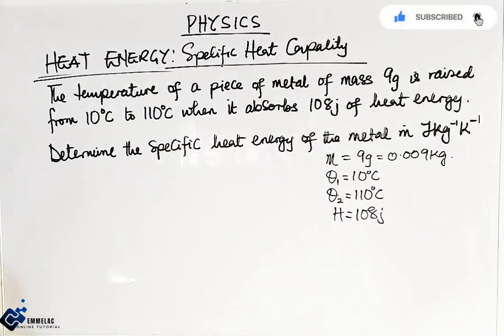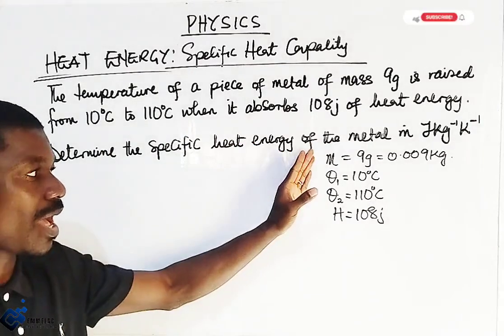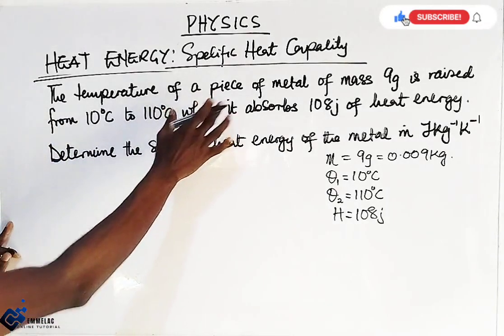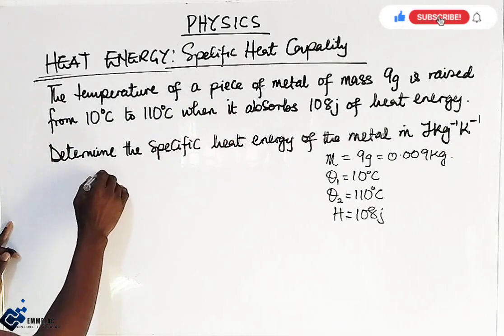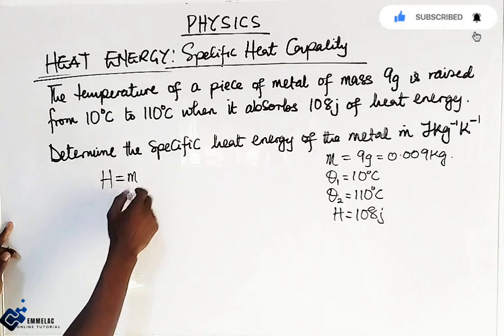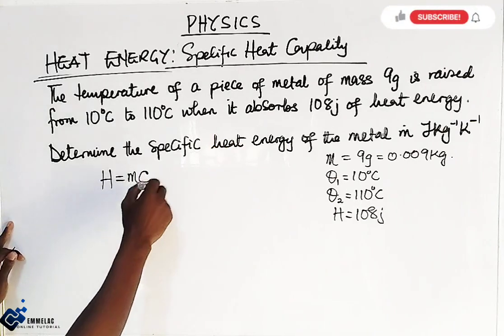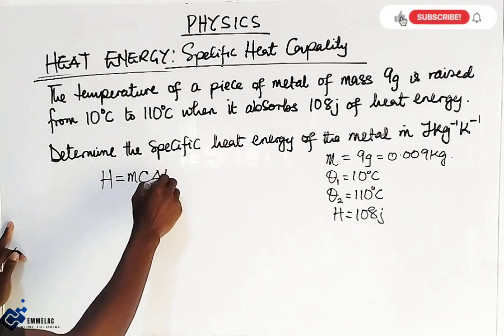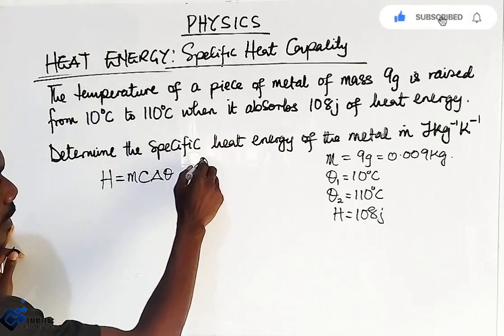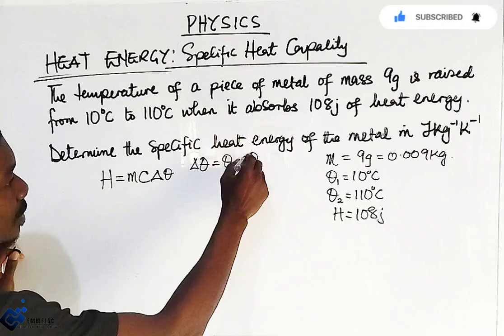All right, now since you've written out the parameters, this has helped us to recall that in terms of specific heat capacity, we have that H equals M, which is the mass of the substance, C, the specific heat capacity of the substance, and the change in temperature, which signifies theta 2 minus theta 1.